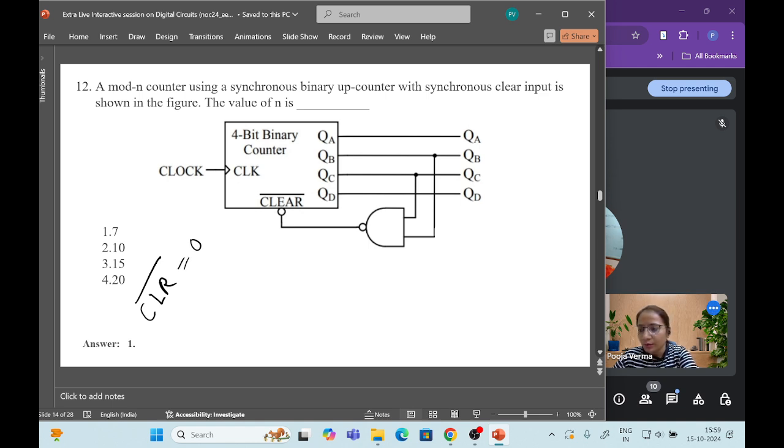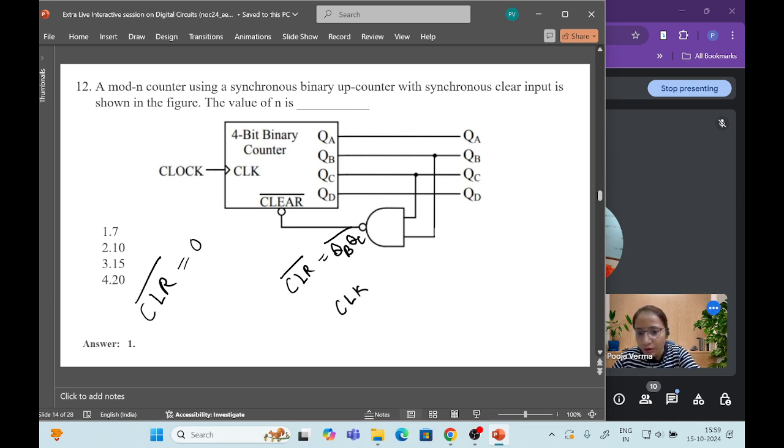Okay, so from the given sequential circuit, the clear output is going to be QB into QC dash, right? QB QC dash is going to the clear input. That means when both QB and QC are equal to 1, then clear will be 0, right? Otherwise clear will be 1. So just check for every clock pulse.